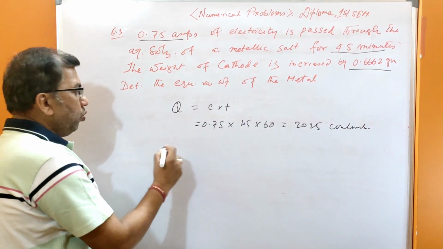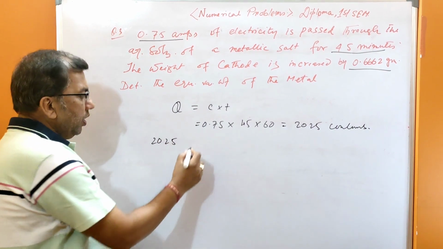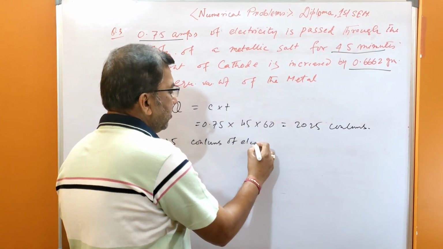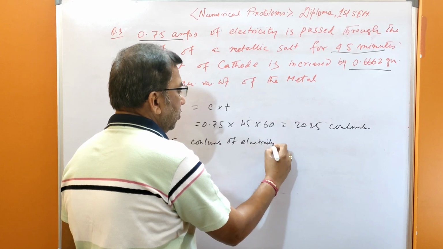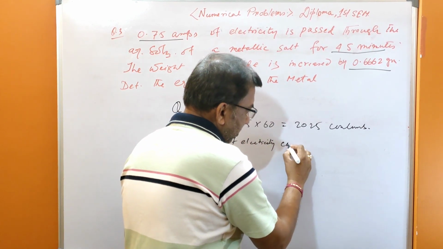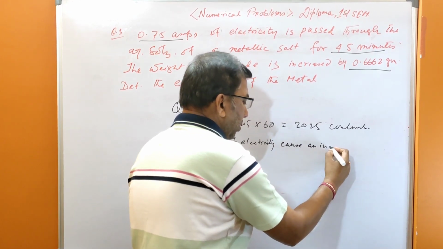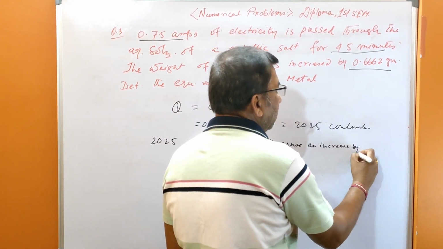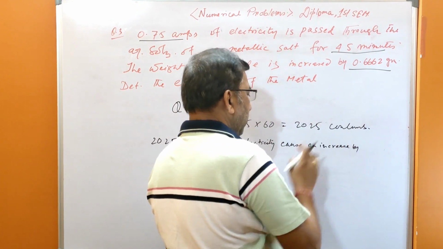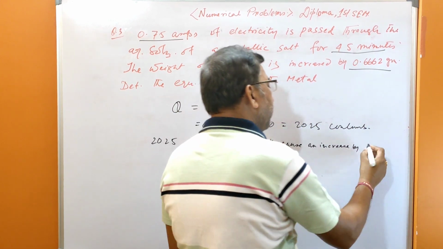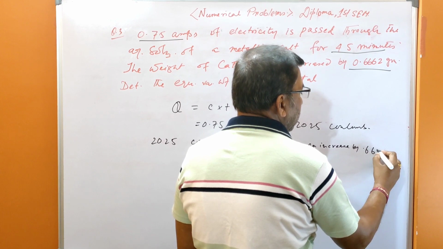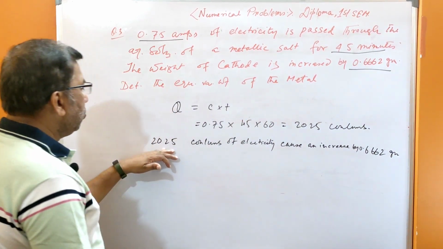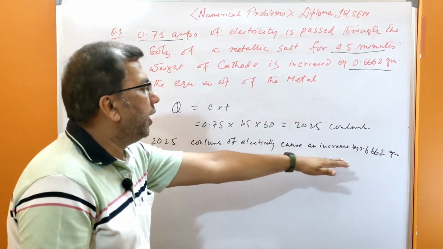So what do you know? 2025 coulombs of electricity cause an increase of 0.662 gram in the weight of the cathode. Clear?